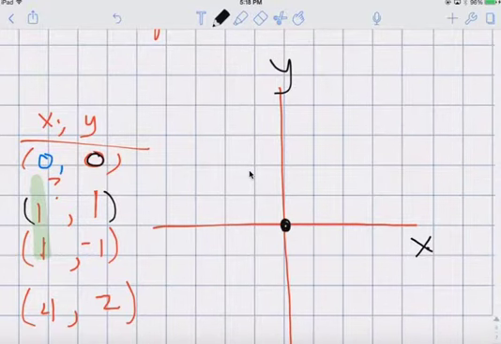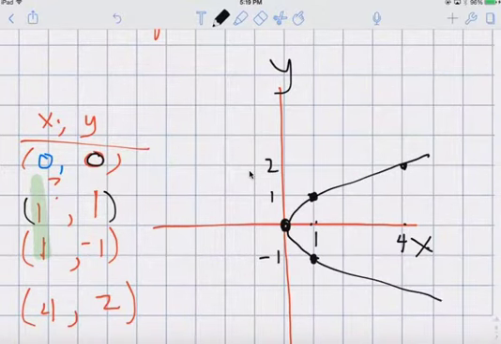X is 1, y is negative 1. X is 4, y is 2. So we got a graph that looks like that.